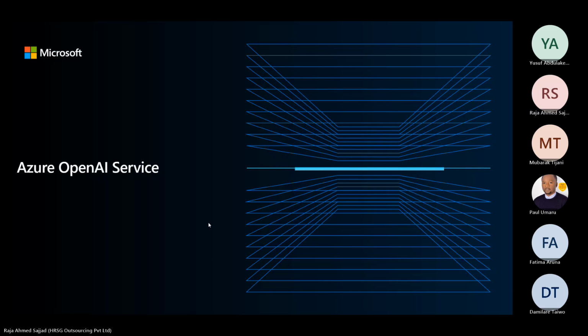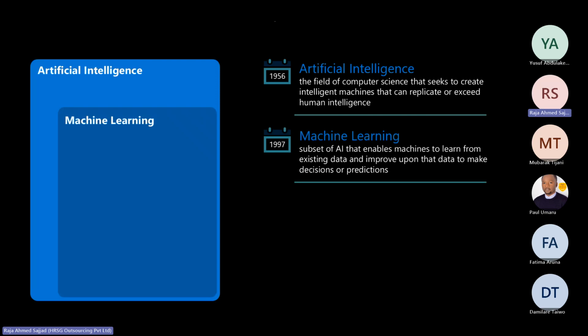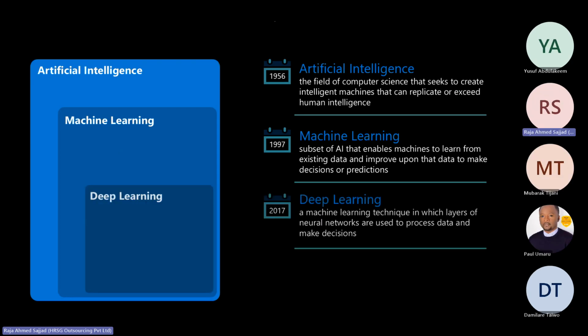First of all, we have this Azure OpenAI service, and you all pretty much know how artificial intelligence started. It started back in 1956, and I'm pretty sure all of you are from a computer science background, so no need to dig deeper into artificial intelligence. Then in 1997, we got this amazing technique where machines learn from existing data, and that was known as machine learning.